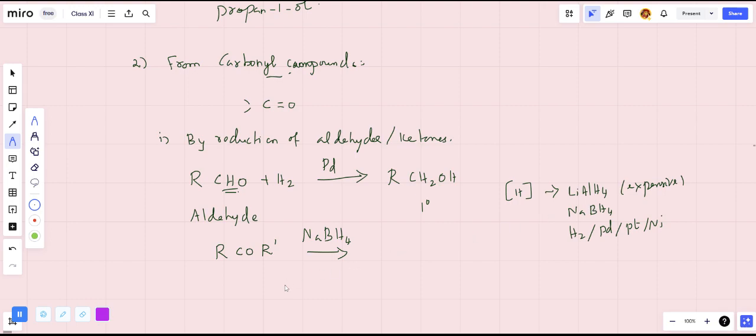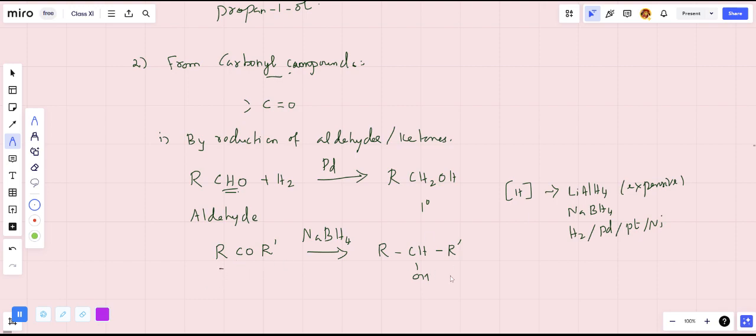So this ketone reduces to a secondary alcohol. An aldehyde is always reduced to a primary alcohol, and in the same way a ketone is always reduced to a secondary alcohol, CHOH. Here also you have to check the number of carbons.